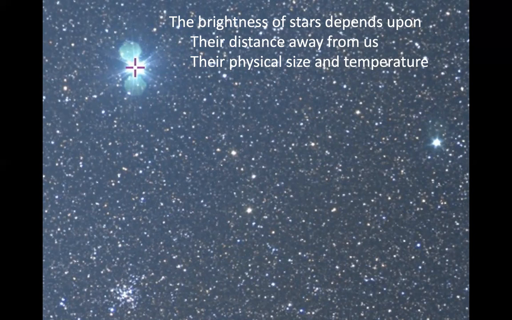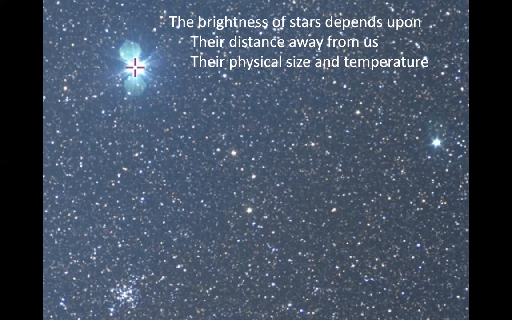It depends, first of all, on how close they are to us, whether they're close or far away. But they also depend on the physical properties of the star, their actual size and their temperature. And we'll talk about both of these aspects in the next little bit.